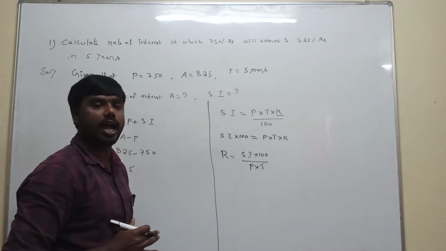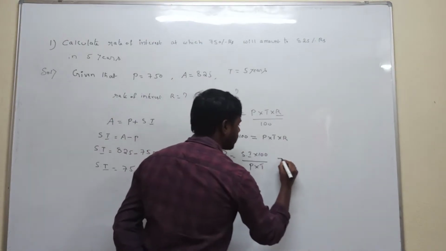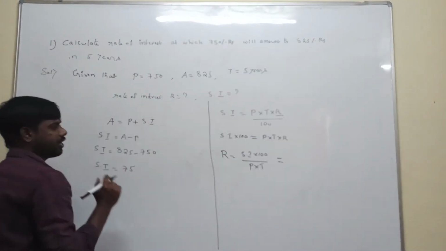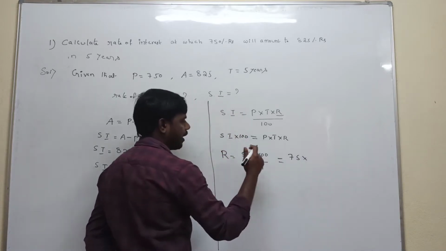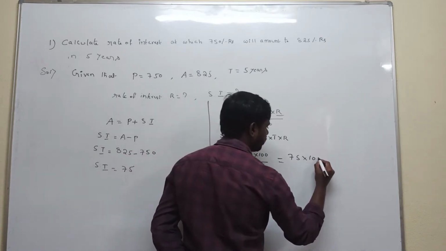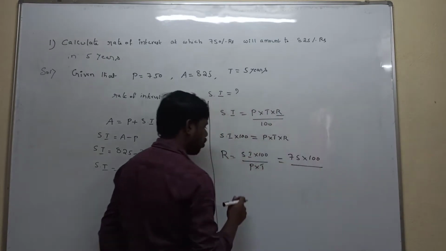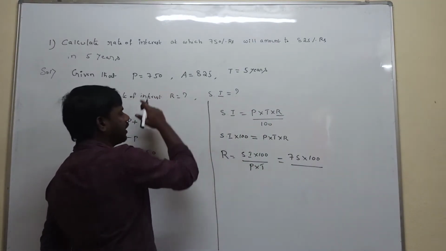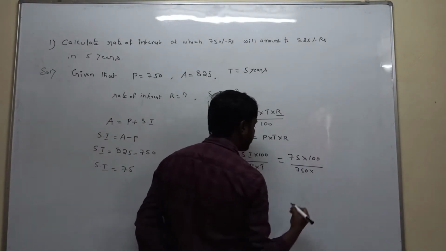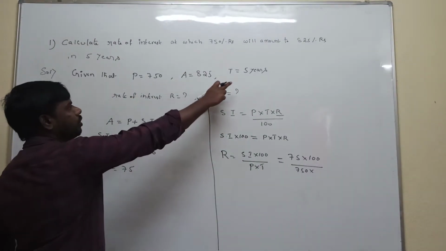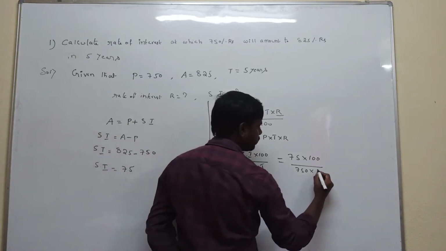Now we are substituting the values. What is the simple interest value? 75 into 100 divided by what is the P value? Principal amount is 750 into time T equal to 5 years.